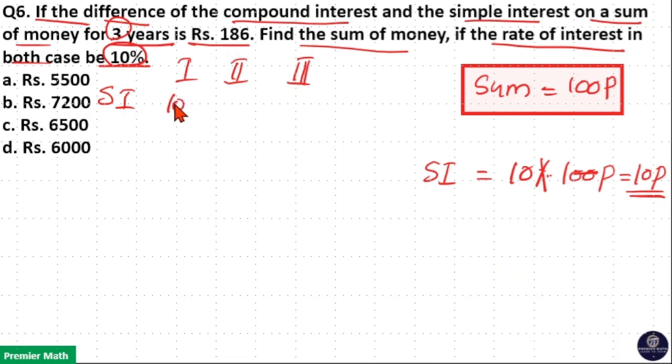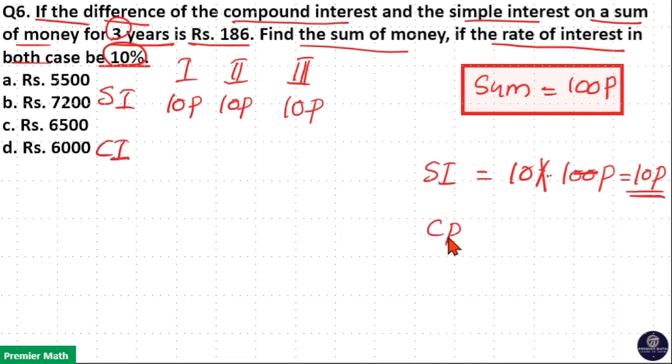So for the first year I will receive 10 part. For the second year I will receive 10 part. For the third year I will receive 10 parts. Now total 30 parts I will receive as simple interest. Now compound interest.